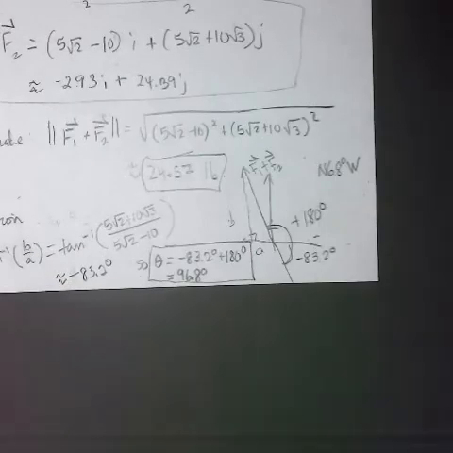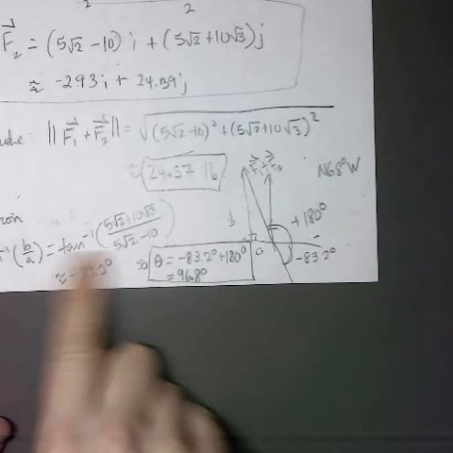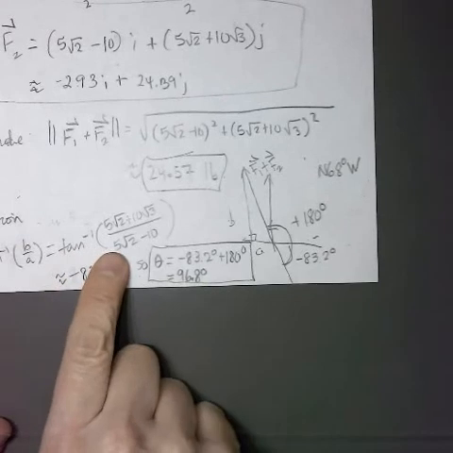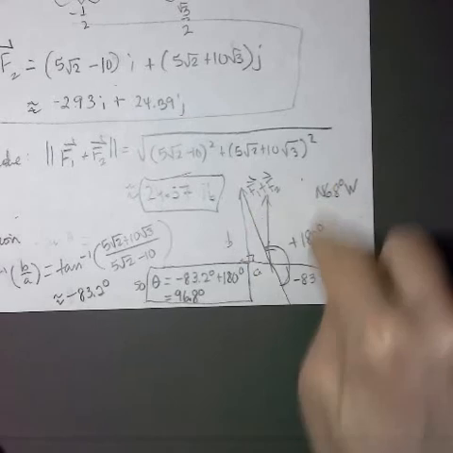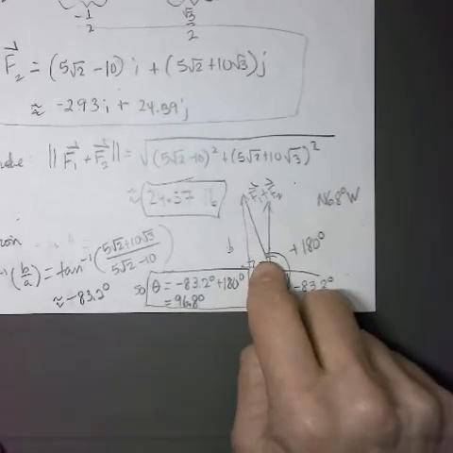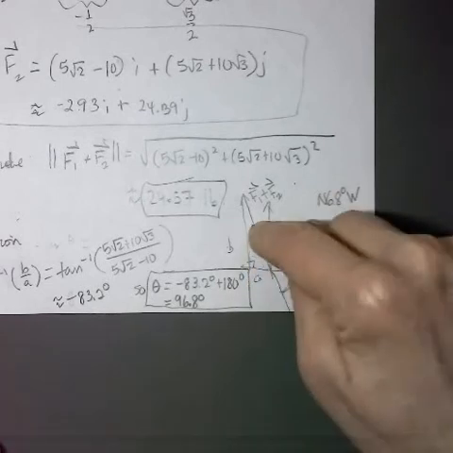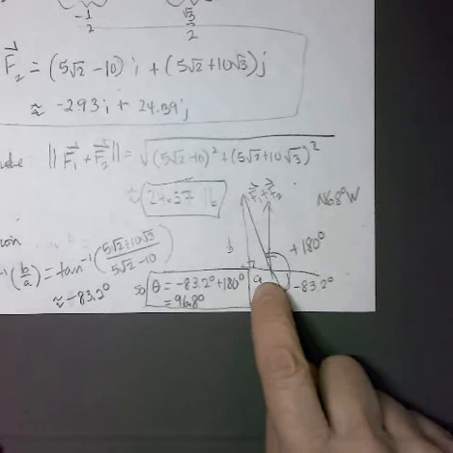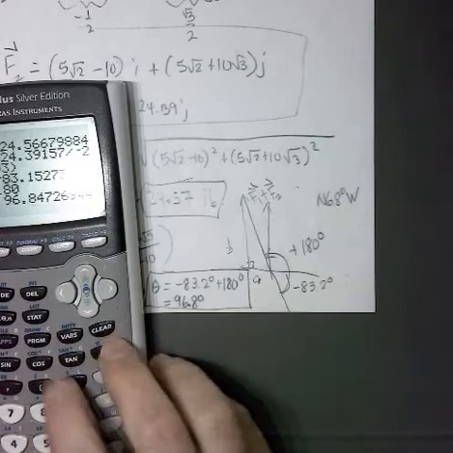Okay. I think that's all I have to say. Again, I use tangent inverse here, but you could use cosine inverse. And the nice thing about cosine inverse is because this is in quadrant 2, it'll give you the right answer. So for cosine, you would do adjacent over hypotenuse. So you'd use A over the magnitude. I'll show you what I mean. I didn't have anything else to say, but I just found something else to say.